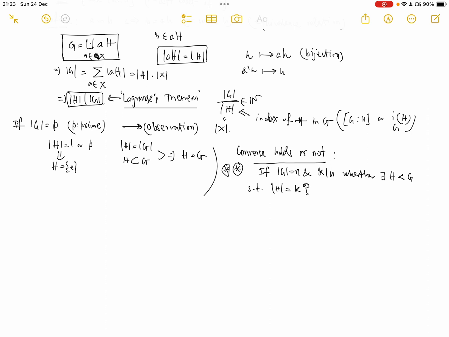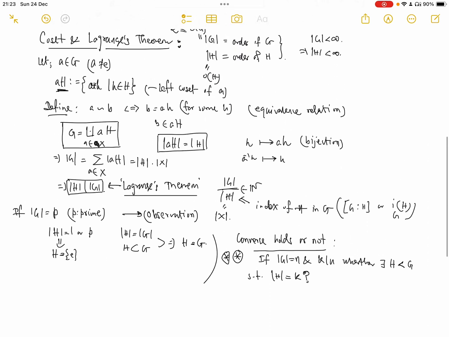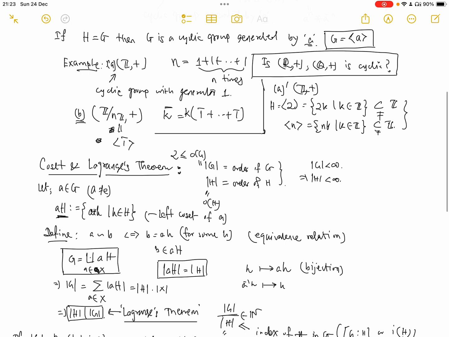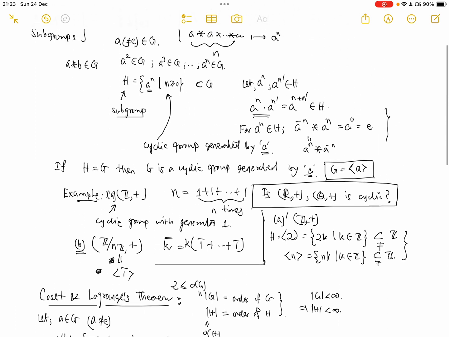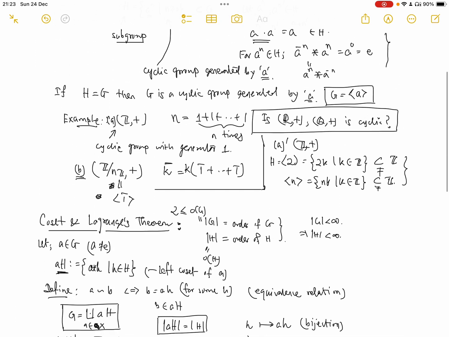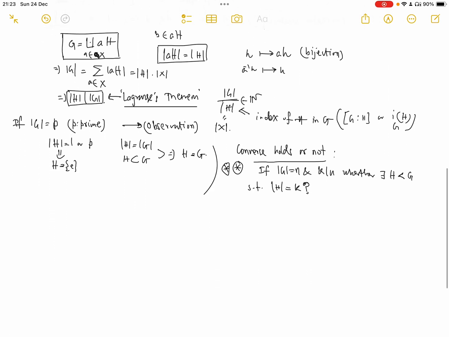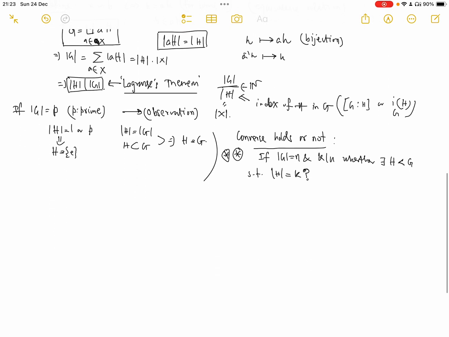So far we have seen that the order of the group behaves in a nice way, and we have also seen what a cyclic group is. So now we can talk about the order of an element. What does it mean to talk about the order of an element? Suppose, for example, in Z mod nZ, you start with the element 1 and add it twice, you get 2.